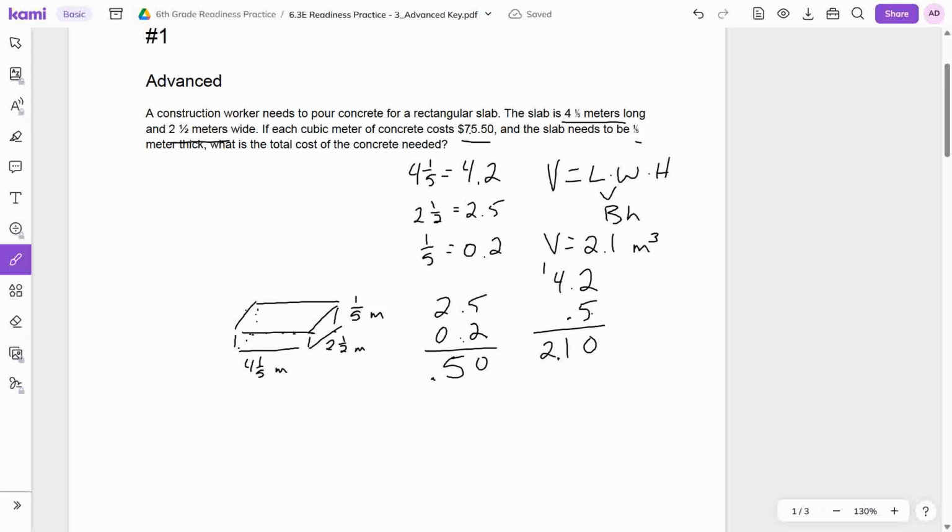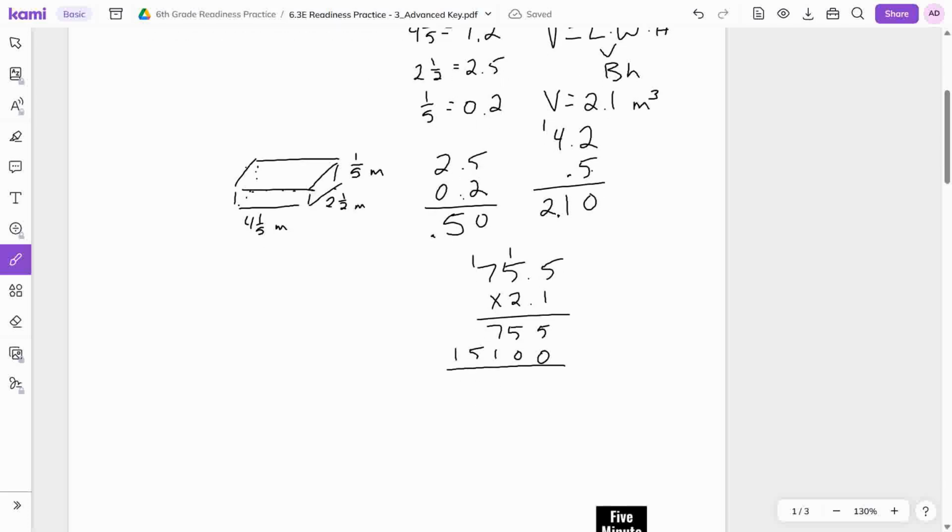The question is, it costs $75.50 per cubic meter of concrete. So now I need to multiply 75.5 times my 2.1. I'm just going to ignore the decimals at this point and add them back in at the end.